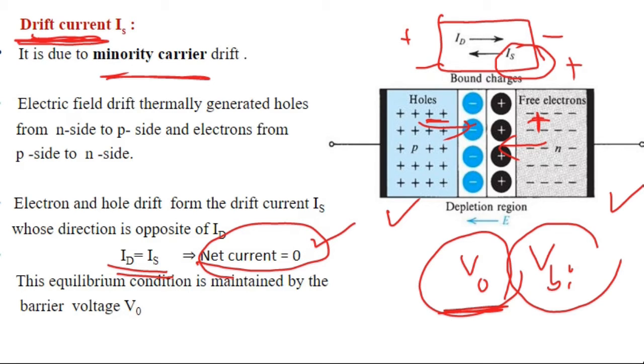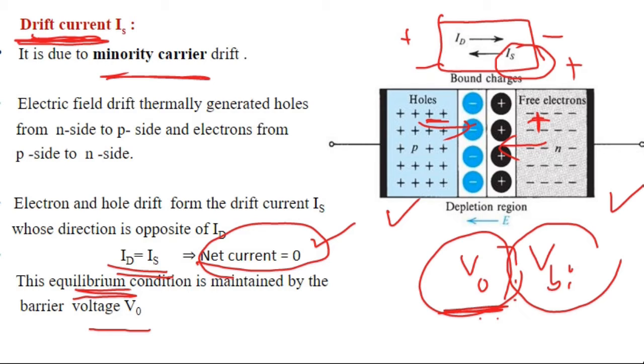Why is it 0? Because an equilibrium condition is maintained by the voltage V0. So always your net current will be 0 in a PN junction when there is no voltage supply, because of the potential created across the depletion region. This equilibrium condition, that is Id equal to Is, is maintained because of the barrier voltage V0.